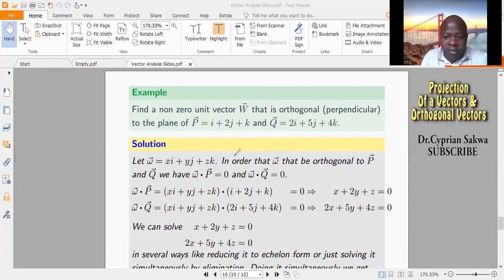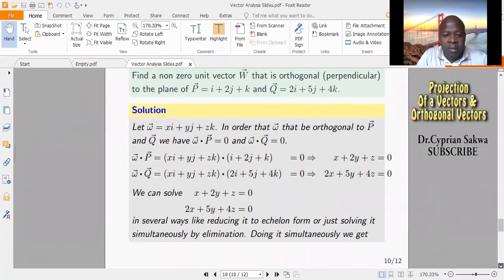So we'll begin by finding just a vector which is orthogonal to P and Q, and then find one that has one length later.